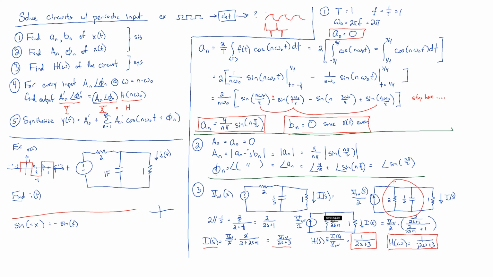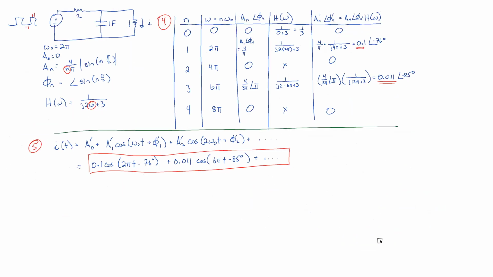Step 3 is finding the transfer function of our circuit. And now step 4 is analyzing each phasor input independently. And you'll remember from an earlier section we did that since each phasor has its own unique frequency, we've got to analyze each one separately. And then we just add up the results.